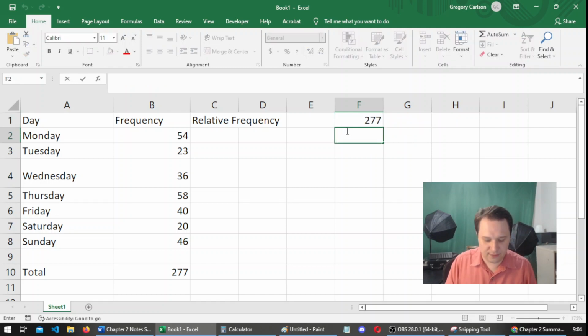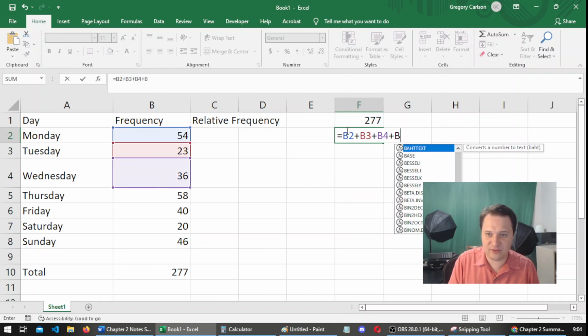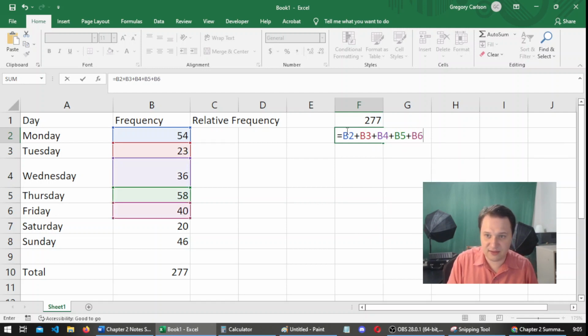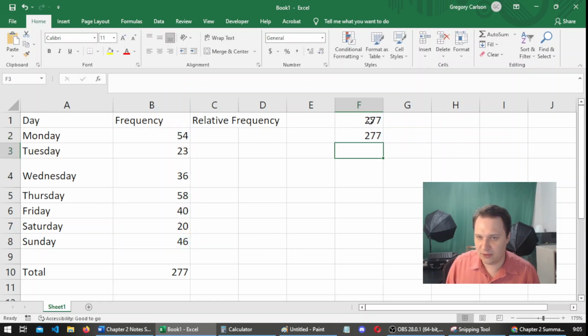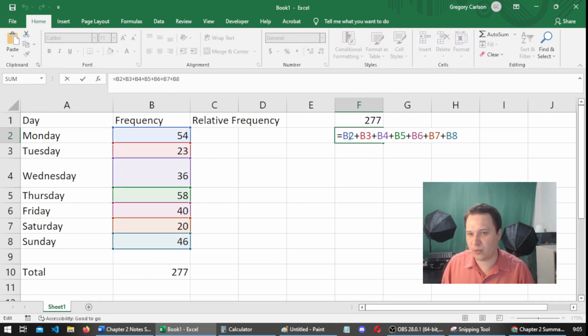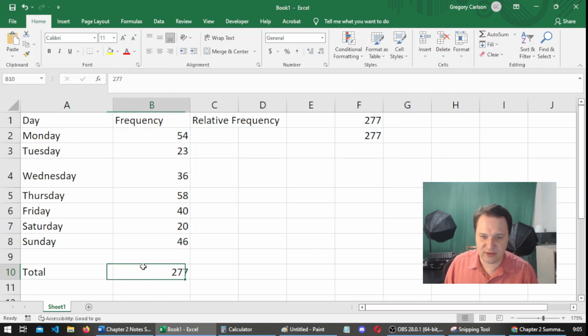Equals B2 plus B3 plus B4 plus B5 plus B6 plus B7 plus B8. One thing that's helpful is it gives a slightly different color for every cell. And notice that it gives me the exact same number. So you can either add up the numbers or you can add up the cells, and the better way to do it is with the cells. So either way, the total is 277.